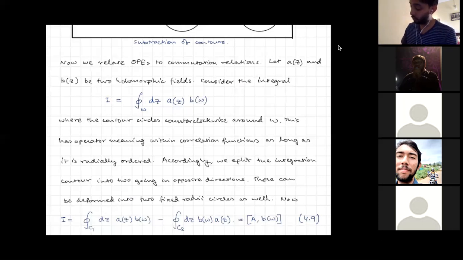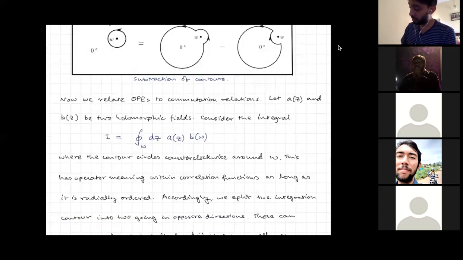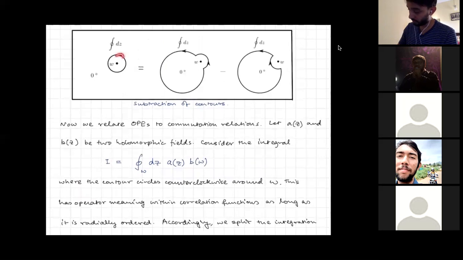So what are we going to do? This is some sort of circle that we have out here, and we are going to radially order this. So we are going to pick two of these, one a larger circle and the other a smaller circle. You can obviously deform this.